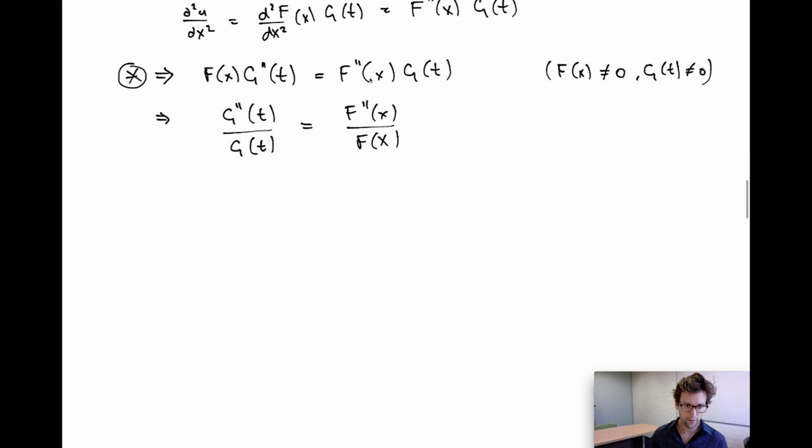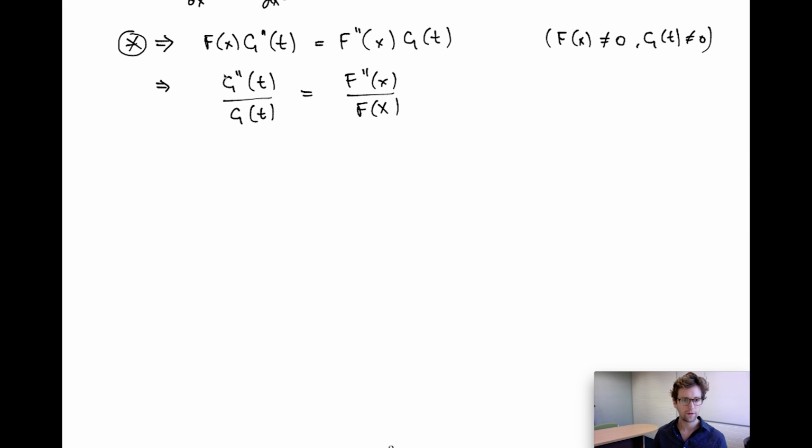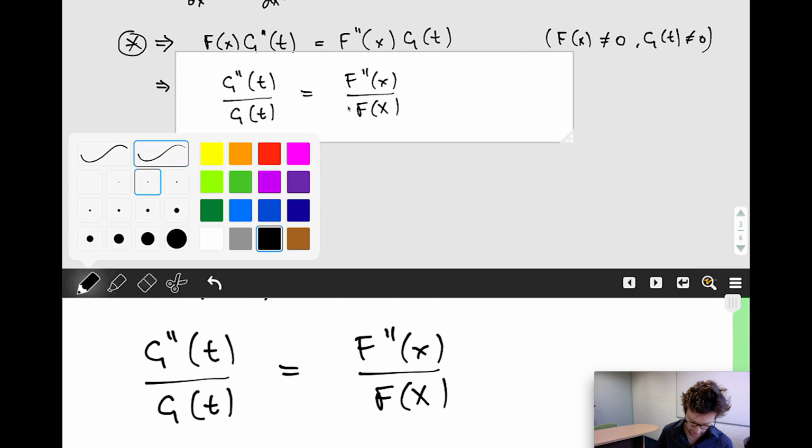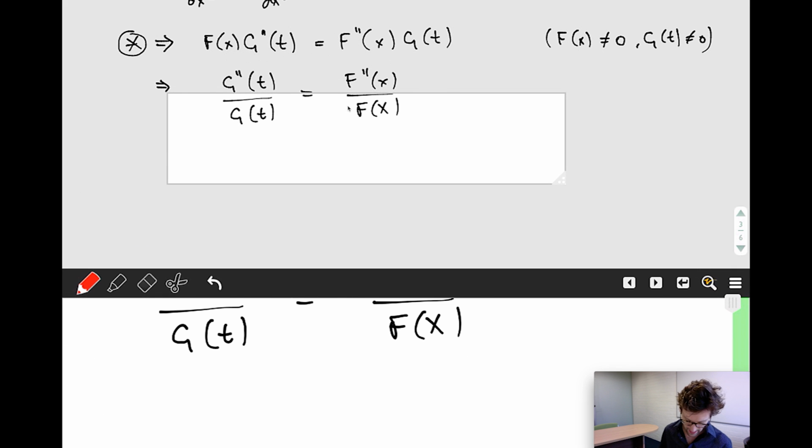So what we've gotten here is that we've taken all the t terms to the left, all the x terms to the right. So you notice that all I've got here is, on the left-hand side, a function of t only.